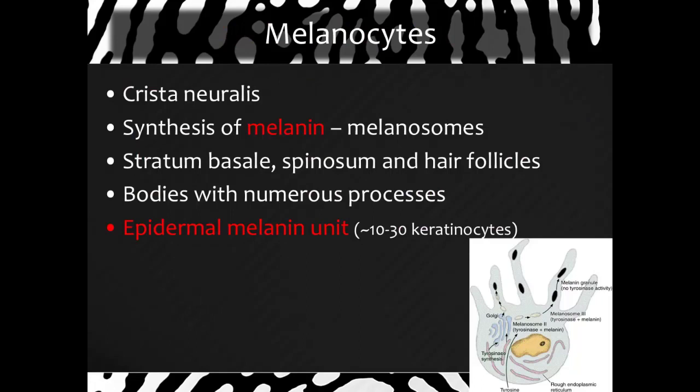Melanocytes are another type of cells in the skin. They also come from the neural crest, as the Merkel cells. They are scattered in the basal layer among the basal cells, and their purpose is the synthesis of melanin.